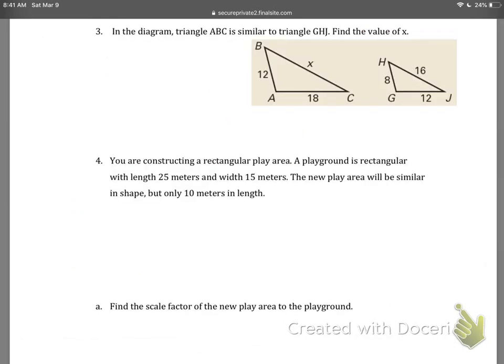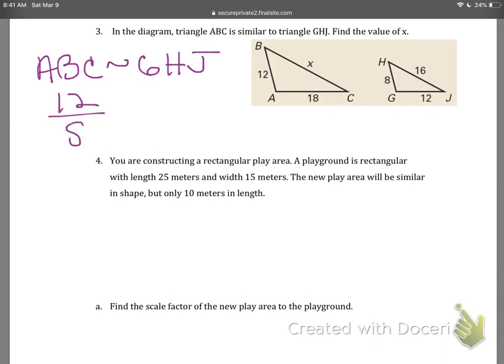Okay, here it says in the diagram, triangle ABC is similar to triangle GHJ. So let's write that similarity statement. ABC similar to GHJ. Okay, find the value of x. Well, it looks to me like 12, which is from the ABC, is to 8, just like x is to 16.